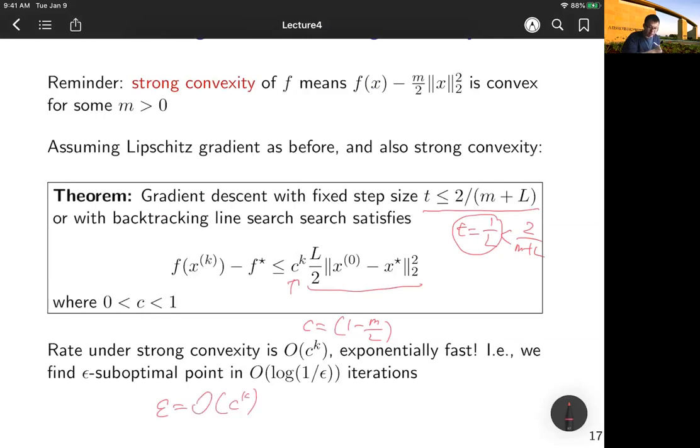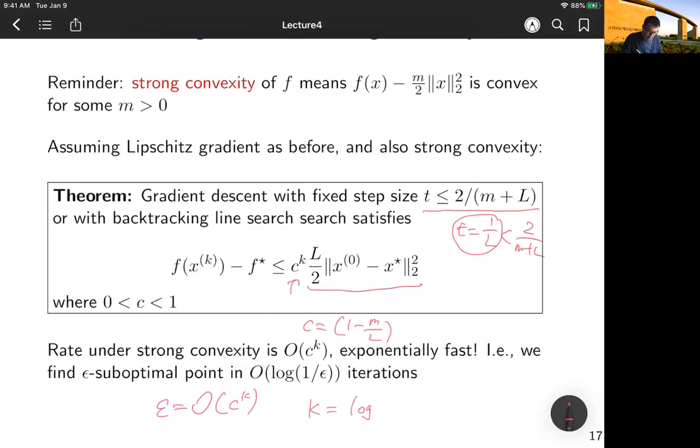If we invert everything, and notice that this c is between 0 and 1, we can write the number of iterations k as follows.